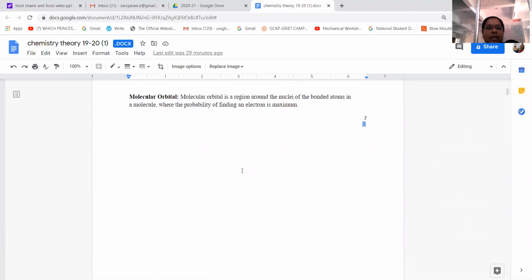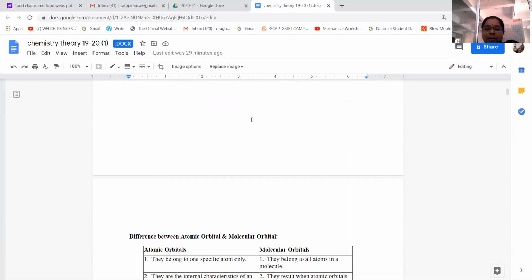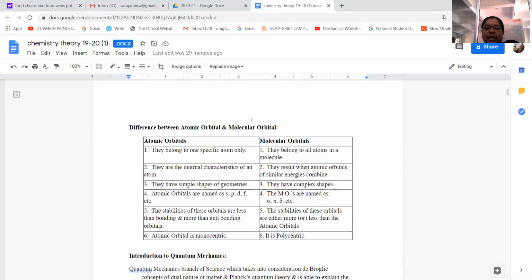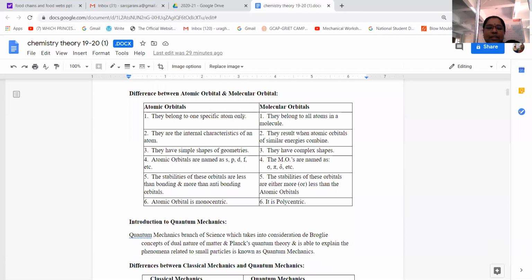So what is a molecular orbital? Molecular orbital is a region around the nuclei of bonded atoms in a molecule where the probability of finding an electron is maximum. So here let us have a glance over the differences between atomic and molecular orbitals.